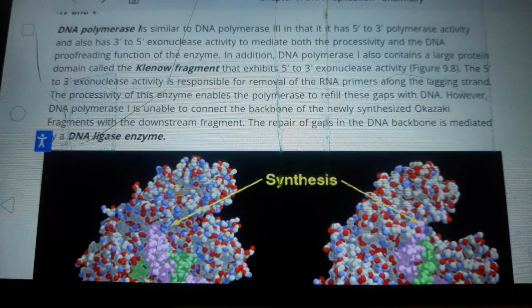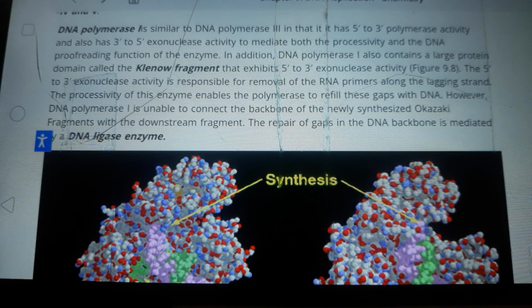In addition, DNA polymerase 1 also contains a large protein domain called the Klenow fragment that exhibits 5' to 3' exonuclease activity. The 5' to 3' exonuclease activity is responsible for removal of the RNA primers along the lagging strand. The processivity of this enzyme enables the polymerase to refill these gaps with DNA.